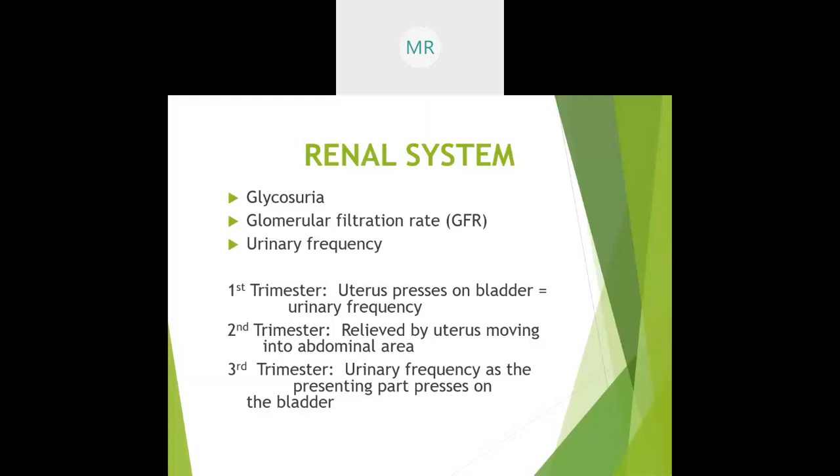Second trimester, as everything starts to move up, it's relieved by the uterus moving into the abdominal area. So, of course, mama doesn't have to be in the bathroom all of the time. By the third trimester, yes, this pregnant patient usually has to go use the restroom very frequently because urinary frequency as a presenting part presses on the bladder.